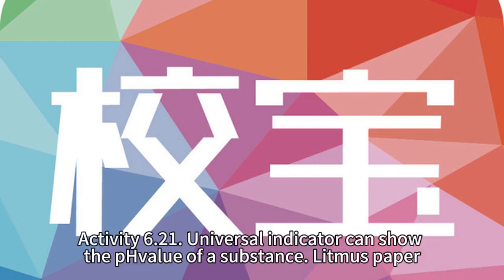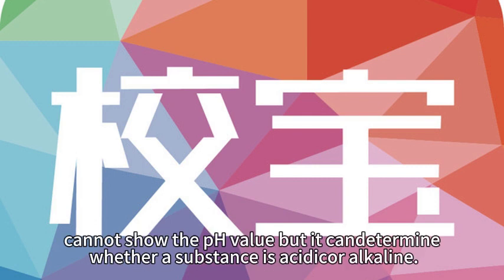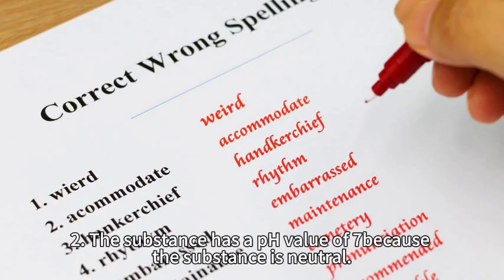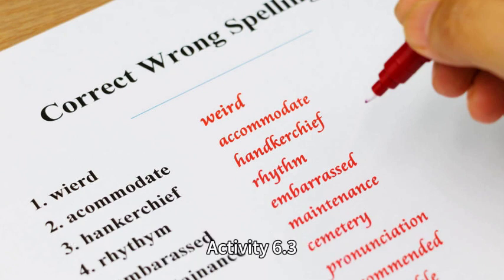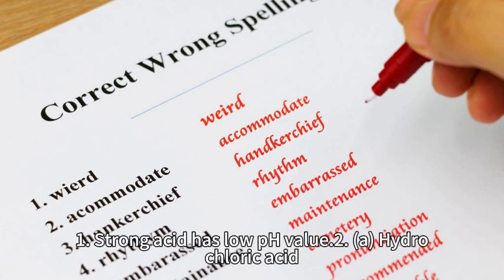Activity 6.2. 1. Universal indicator can show the pH value of a substance. Litmus paper cannot show the pH value, but it can determine whether a substance is acidic or alkaline. 2. The substance has a pH value of 7 because the substance is neutral. Activity 6.3. 1.